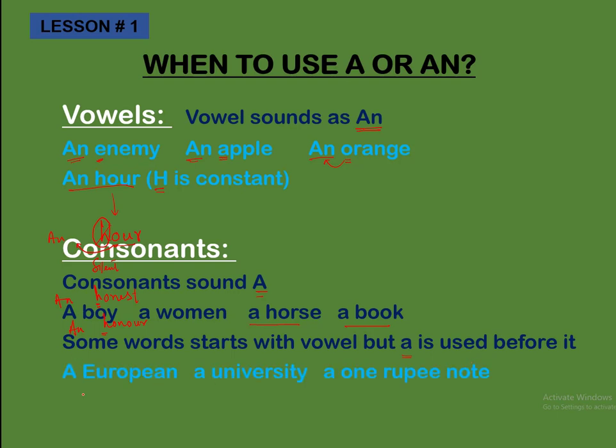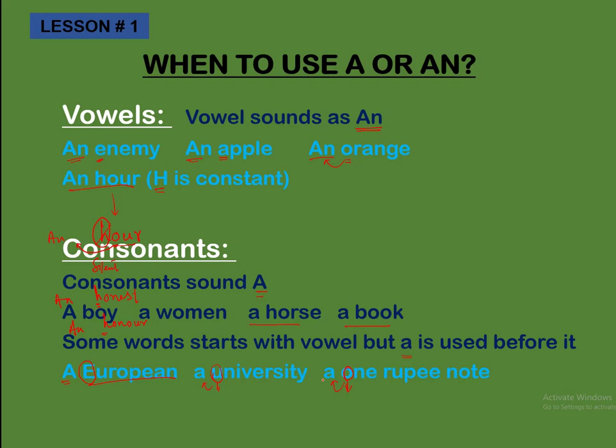For example, European. European basically starts with a vowel letter, but before that word we have to use a. Similarly, a university. U is again a vowel, but before this we are going to use a. A one rupee note. The word one starts with a vowel letter, but again we have to use a before it.